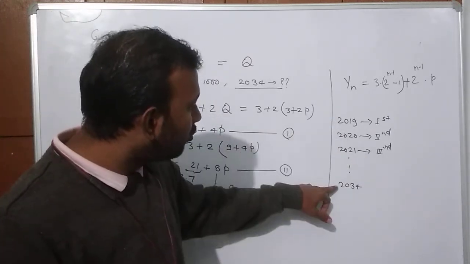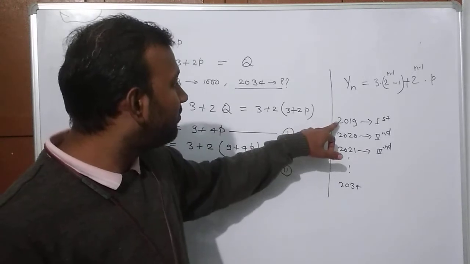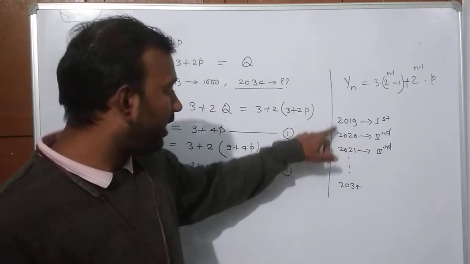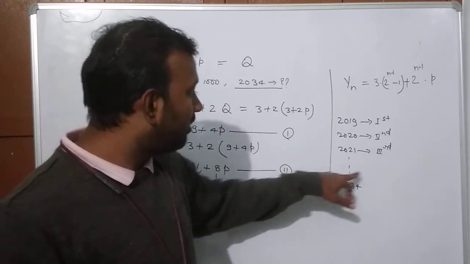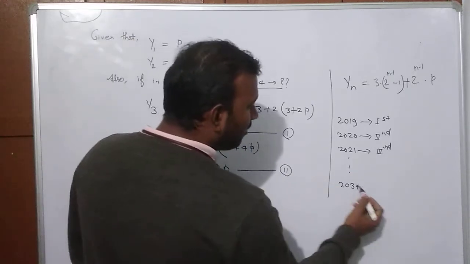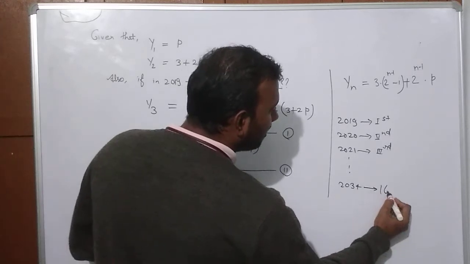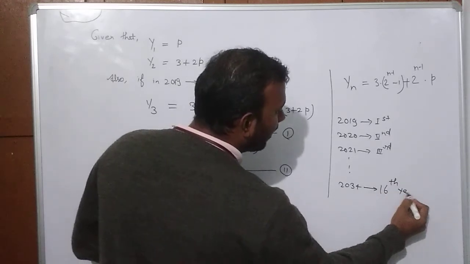From 2019 to 2034, if you add 15 to 2019, you will get 2034, but the year will be 1 more, so this will be the 16th year.